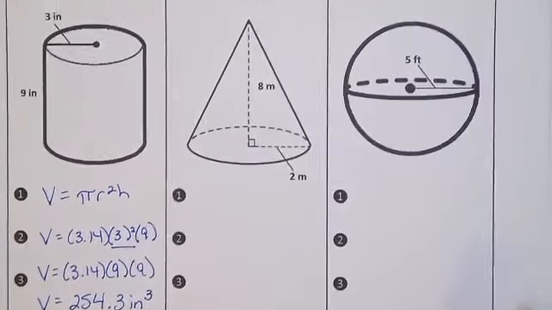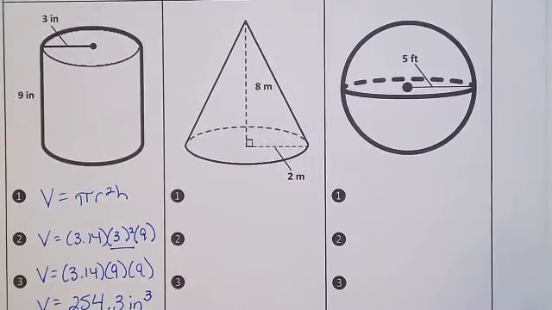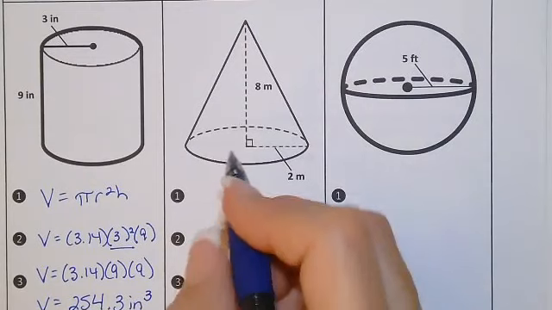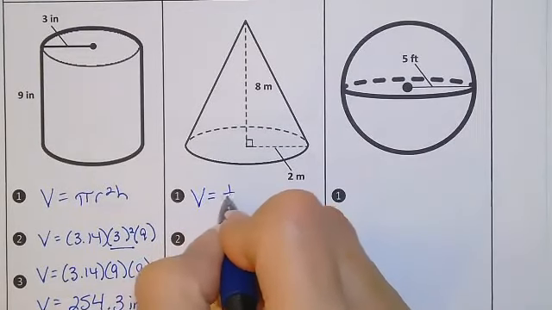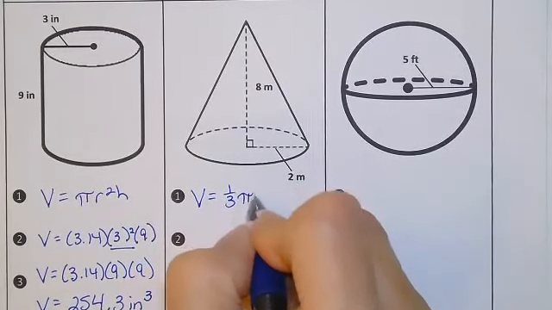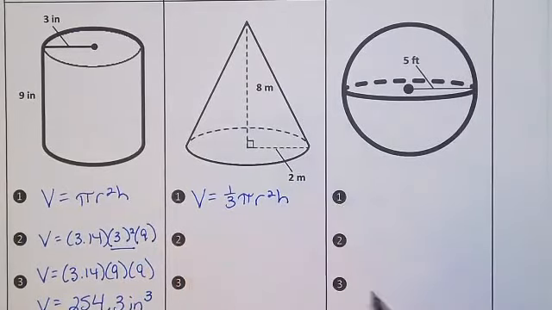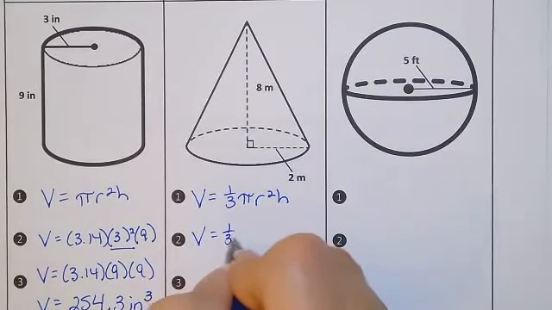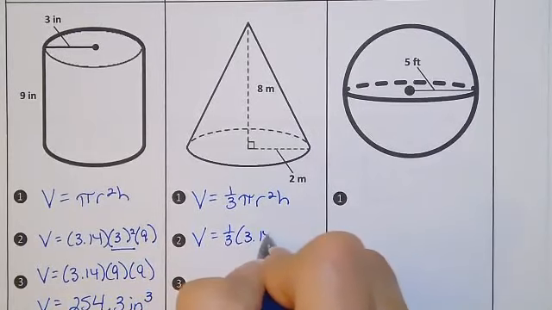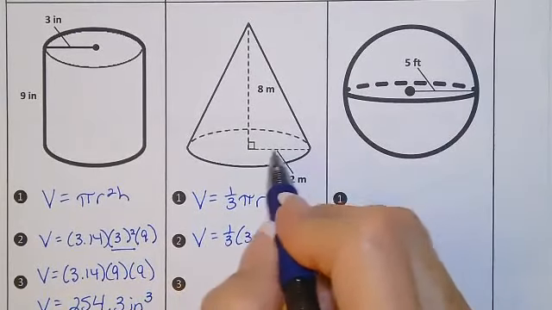All right, next example is this cone. For the volume formula, I'm going to use 1/3 pi r squared h. And now I'm going to substitute. So I have 1/3 pi r.